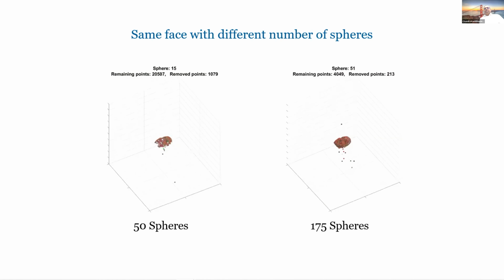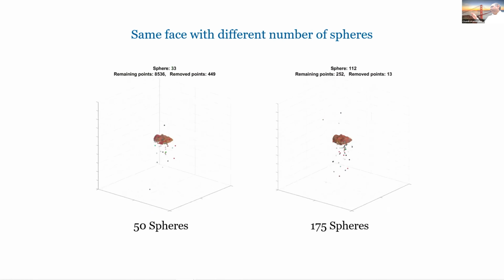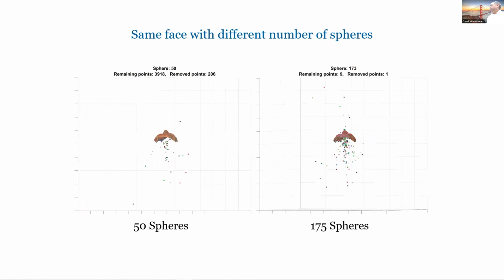This picture represents centers of the spheres, on the left 50, on the right 175. It gives you an understanding that the centers can actually go anywhere. It doesn't have to be behind the face, right? Remember, the points can be anything, just capture them.